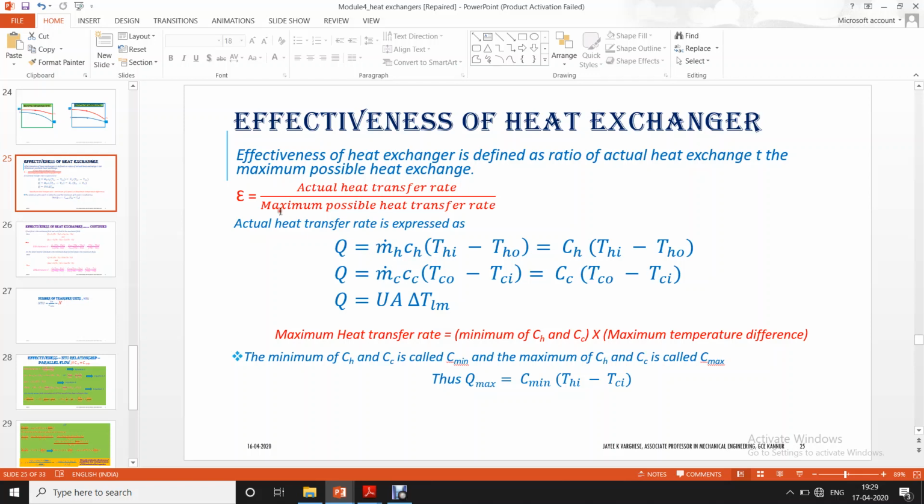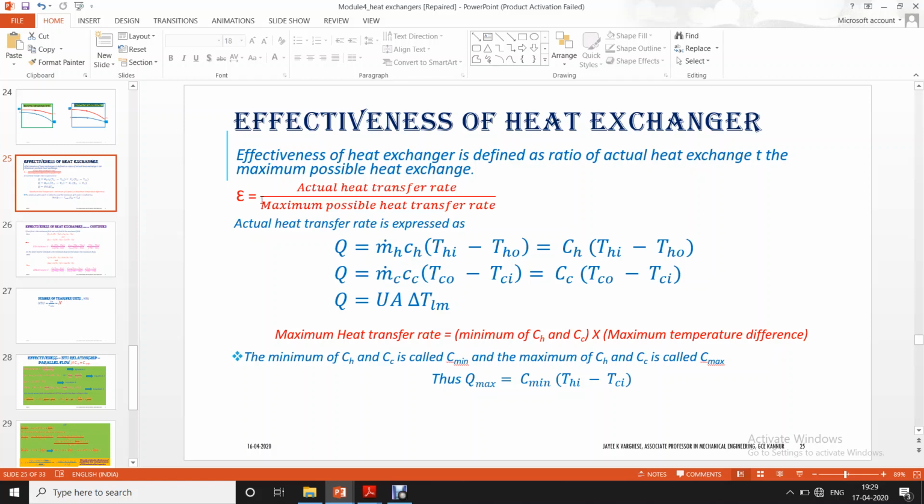So I thought of giving the concept of effectiveness, NTU, derivation of effectiveness NTU relations, etc. first in this lecture. Then from the next lecture onwards, we will be solving problems both from the LMTD analysis type as well as the effectiveness NTU method.